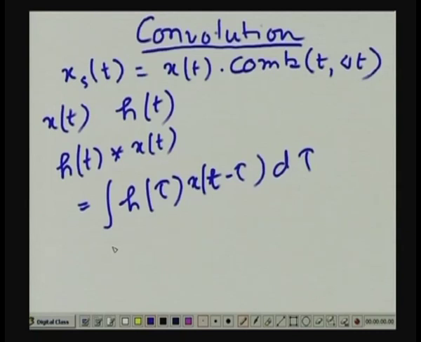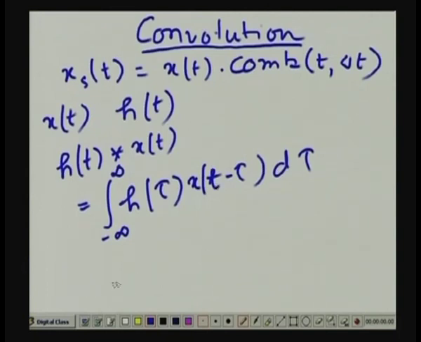Integration is taken over tau from minus infinity to infinity. Now, what does it mean? This means that whenever we want to take the convolution of two signals h t and x t, then firstly what we are doing is we are time inverting the signal x t. So, instead of taking x tau, we are taking x of minus tau.